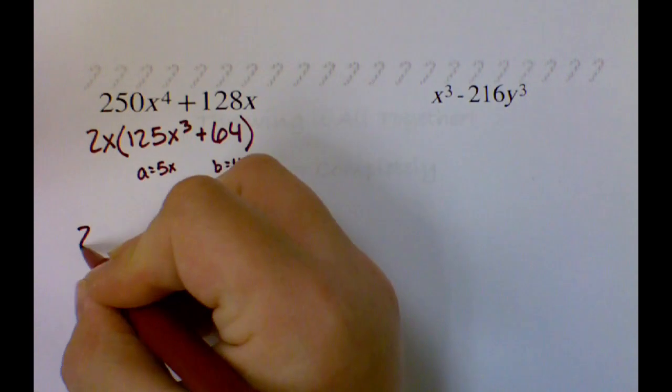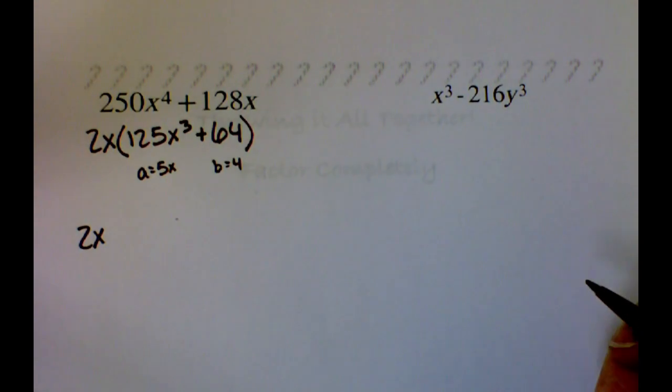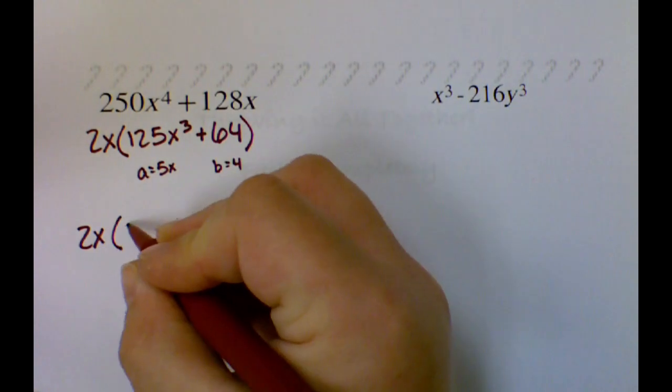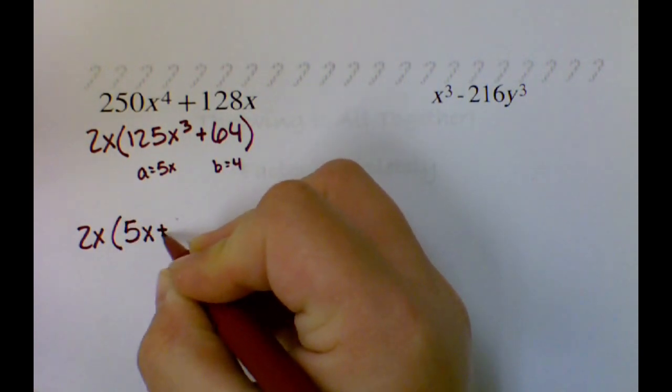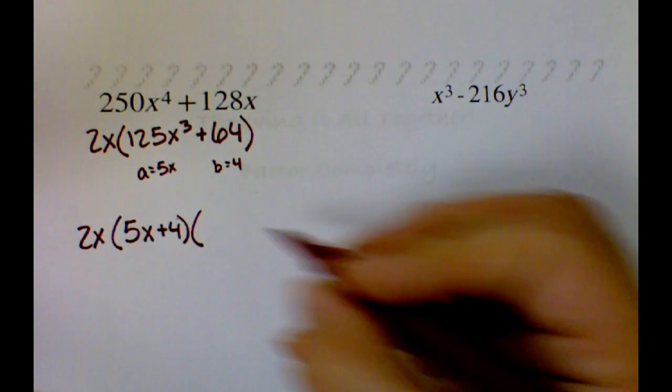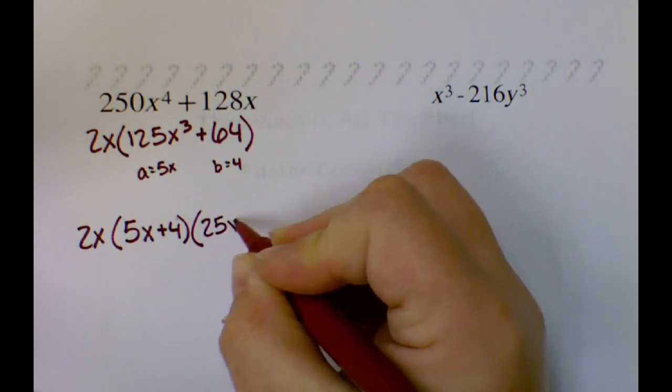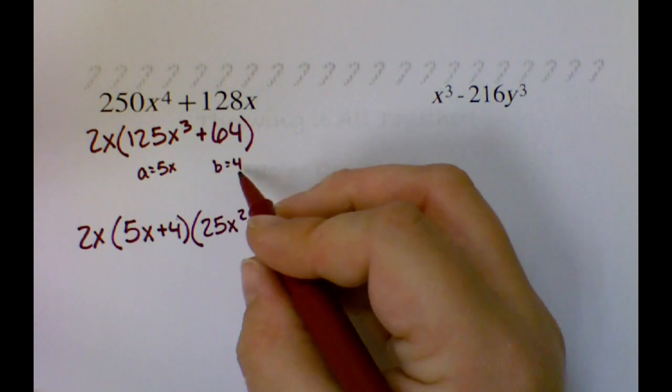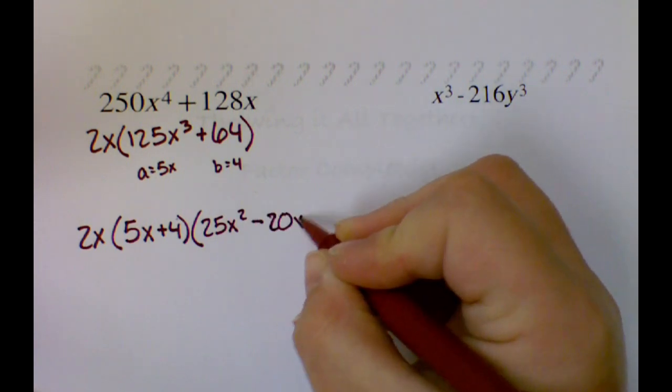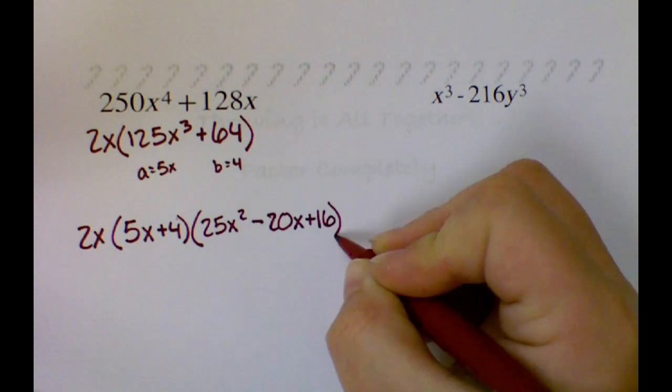So my 2x is along for the ride out front, and now I have a sum of cubes. So I do a plus b, so 5x plus 4, times a squared, which makes 25x squared, minus a times b, which makes 20x, plus b squared, which is 16.